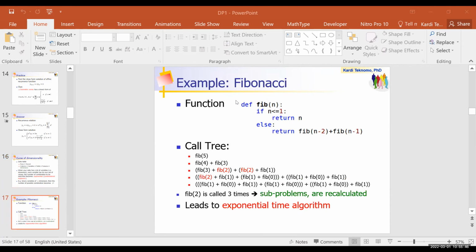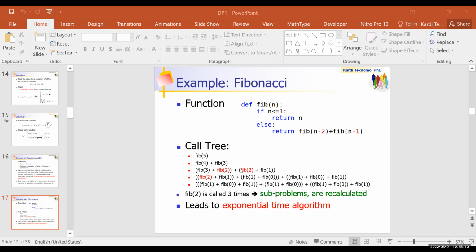So earlier in our Fibonacci recursion, okay, if you look at the call tree of Fibonacci 5, for example, Fibonacci 5 will call Fibonacci 4 and Fibonacci 3, right? And then what happens is Fibonacci 4 will call Fibonacci 3 and 2.